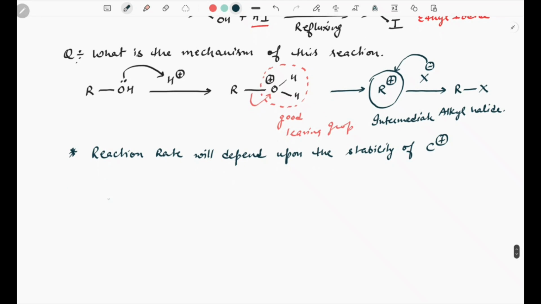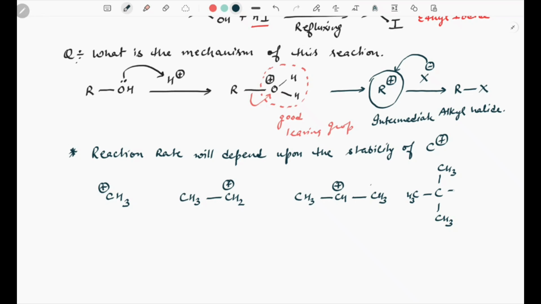Therefore, the least stable carbocation is CH3 plus, but primary carbocation is more stable. Then further, secondary carbocation is even more stable, and at the end tertiary carbocation is the most stable of all these.